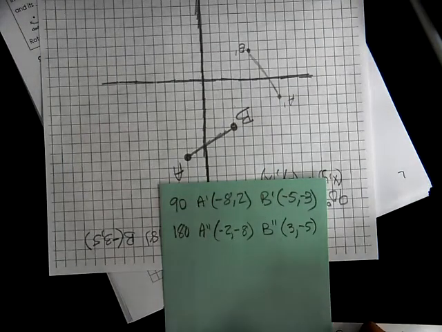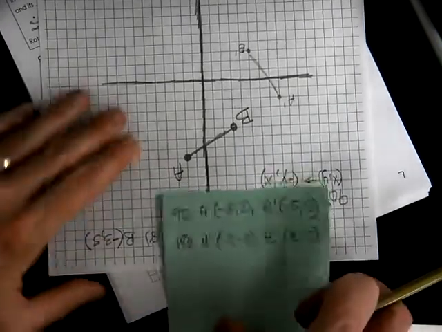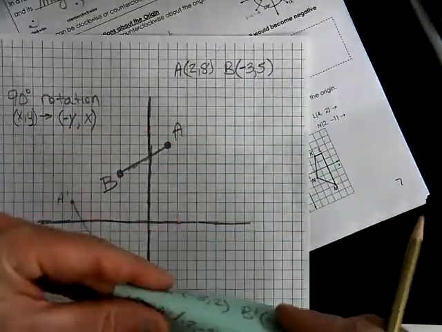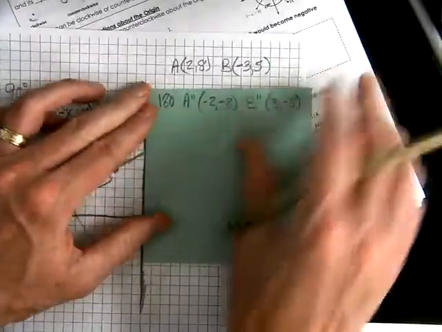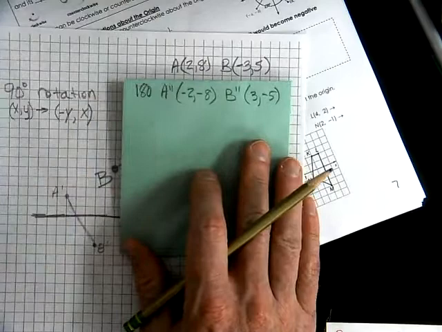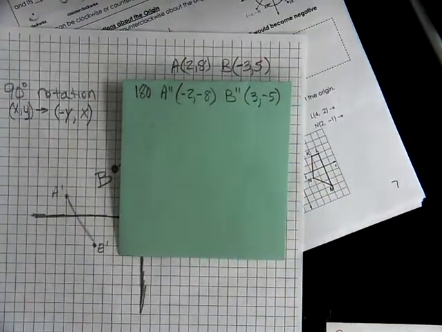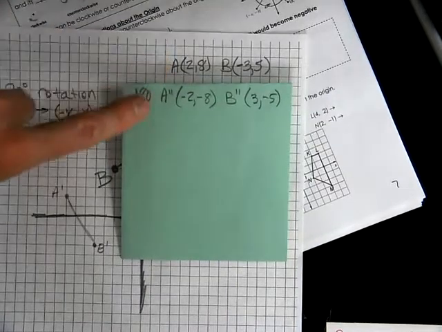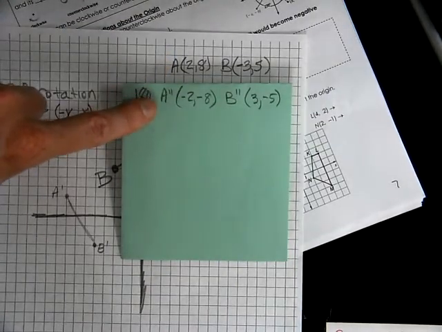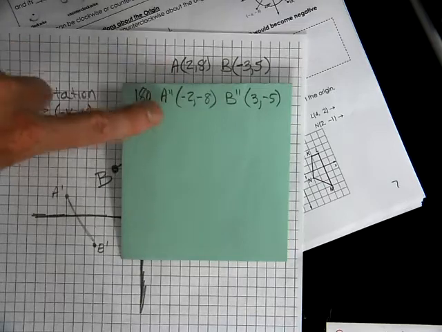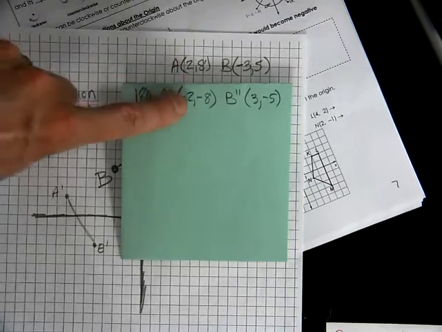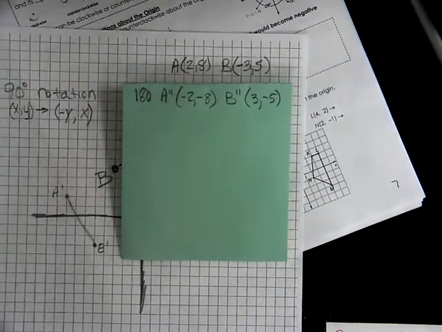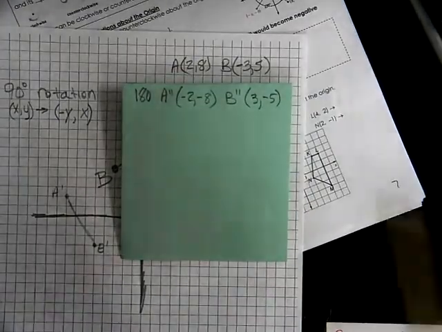Can somebody explain what pattern we would have done to get this set, to do a 180? From the original points to where you land here, can you explain how we got that? Just changing the sign, right? The x and y do not change position.